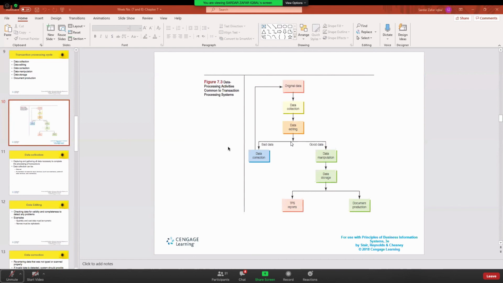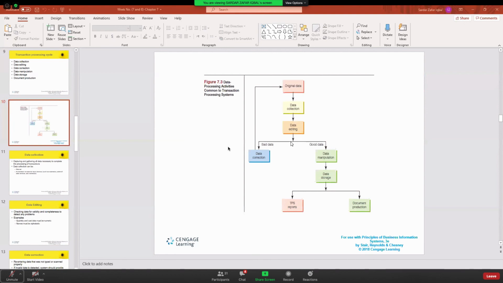Names cannot be numbers, right? So you need to see the whole data. Your analyst will see, or sometimes the automated system will check whether the data entered is correct or not. Data is good or bad, it's clean or not.